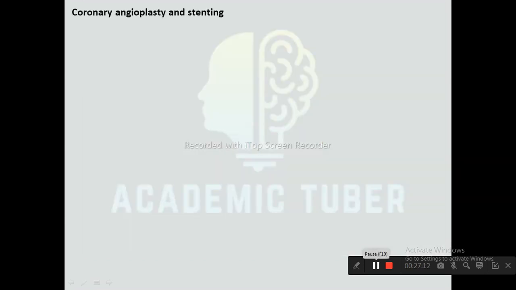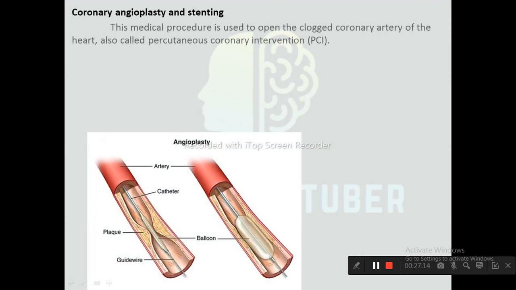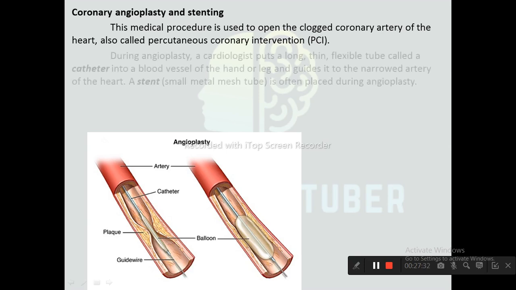Coronary angioplasty and stenting. So here is a diagram showing angioplasty. This medical procedure is used to open the clogged coronary artery of the heart, also called percutaneous coronary intervention (PCI).